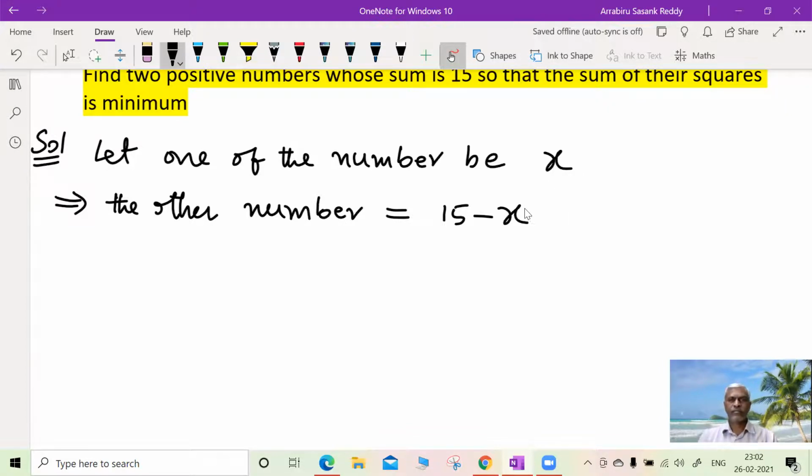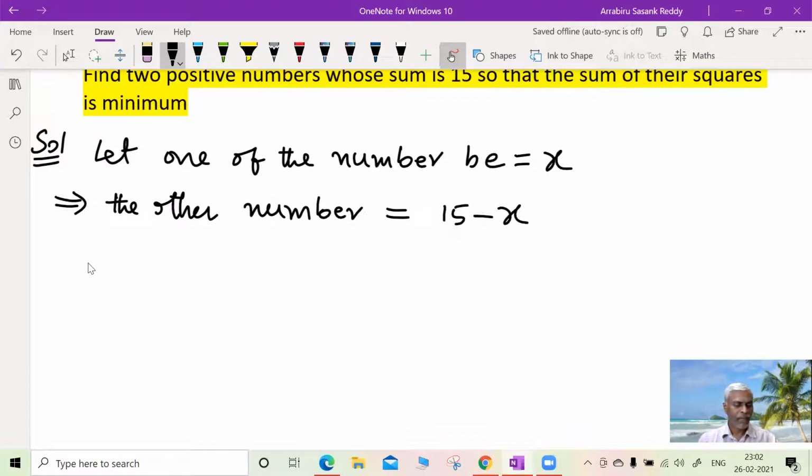Sum of them is 15. So if one number is x, the second number becomes 15 minus x. And the condition: sum of the squares should be minimum.